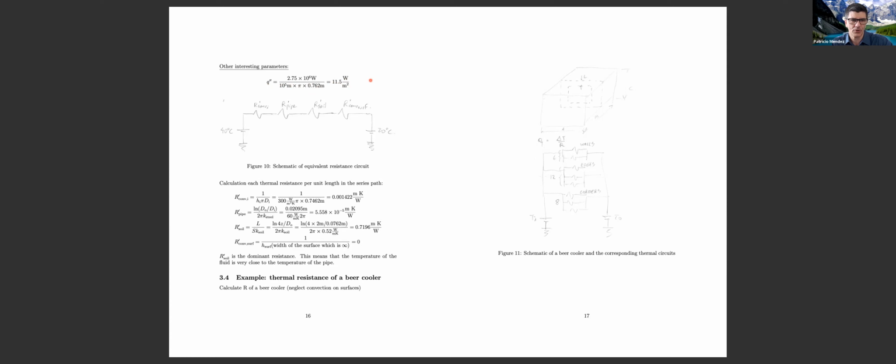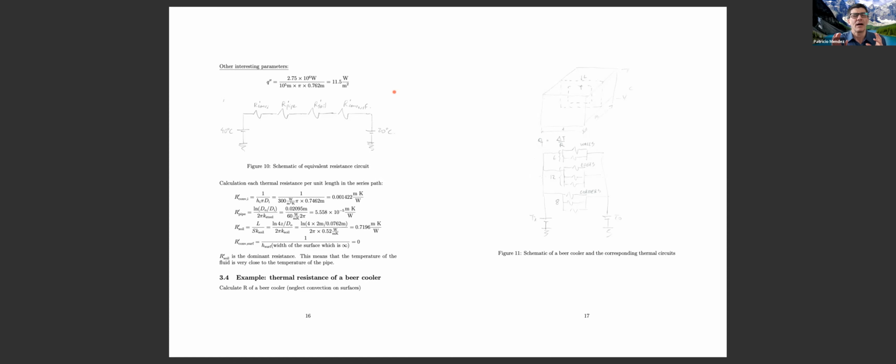If the reference surface is the outer diameter of the pipe, it is 0.58 watt per meter square Kelvin. It's fairly low. Natural convection would be 10, and this is 5% of natural convection. So the soil is a pretty good insulator for the pipe.